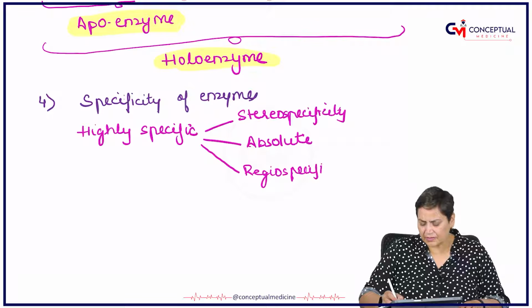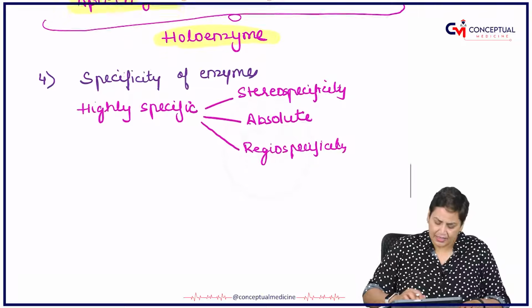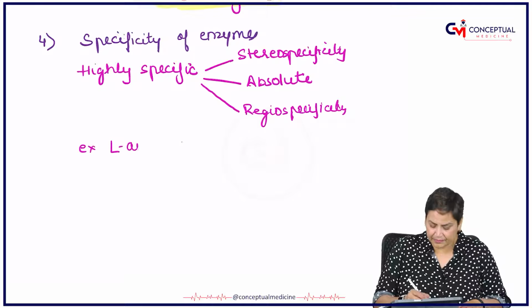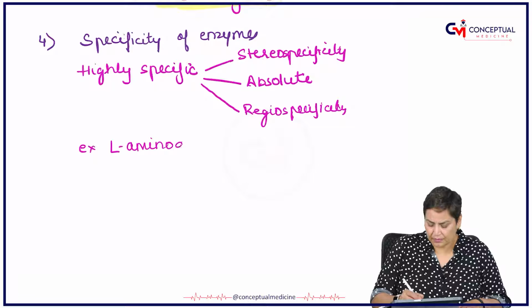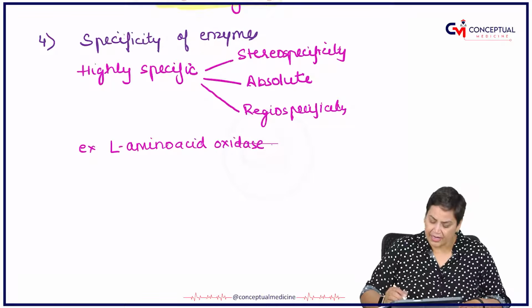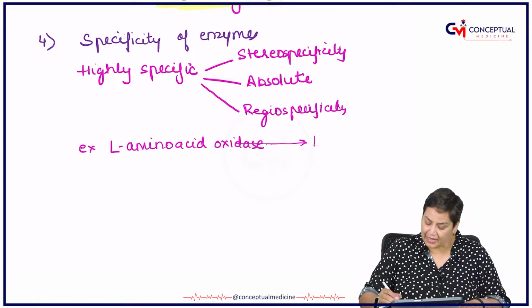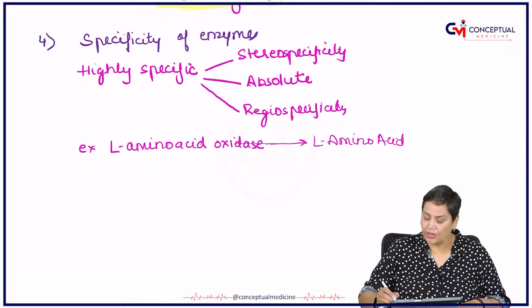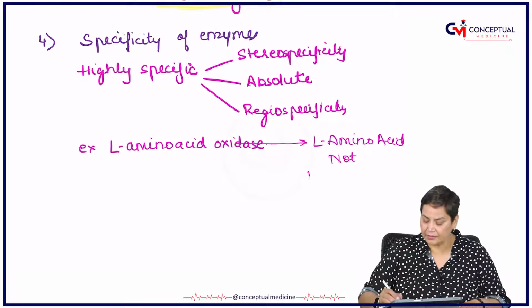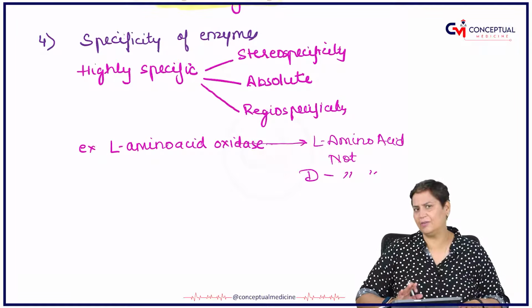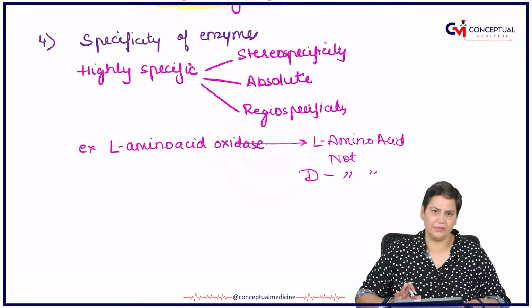An example is, say, if L-amino acid oxidase is there, it will act only on L-amino acid, not D-amino acid. So these are the 4 very, very important properties of enzymes.